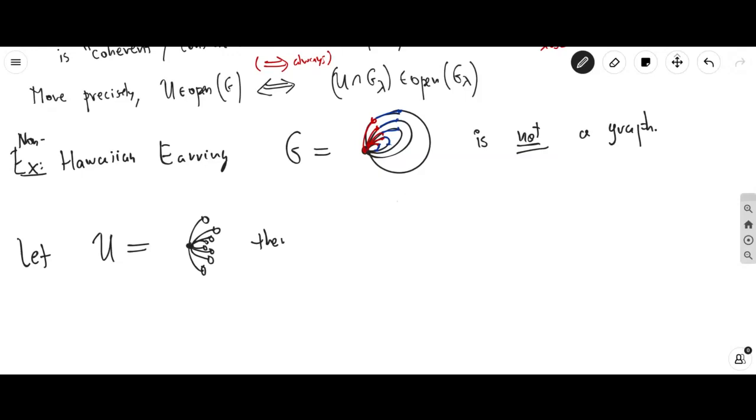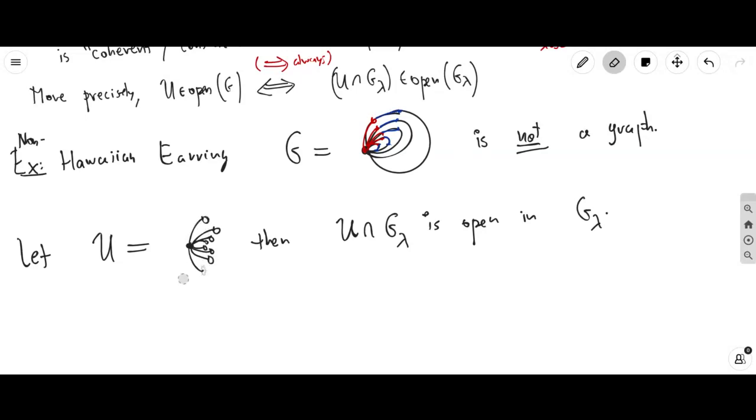So then U, when you intersect it with any edge, let's say G lambda, is open in the edge. Okay, so let's say one of these edges is all the way out here. Let's say this is G lambda.